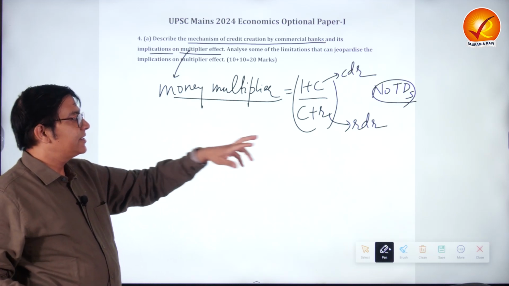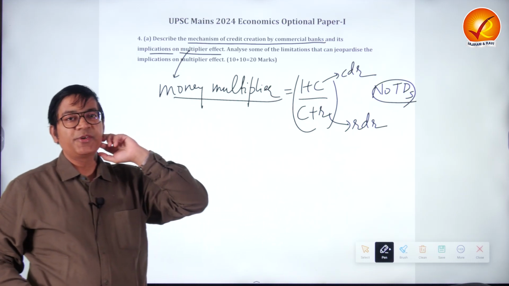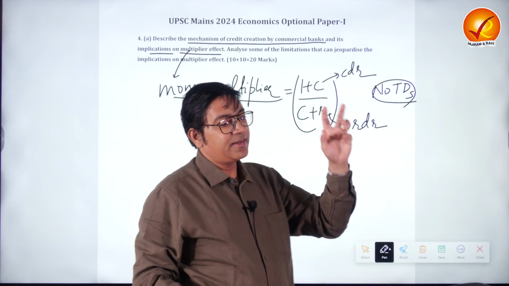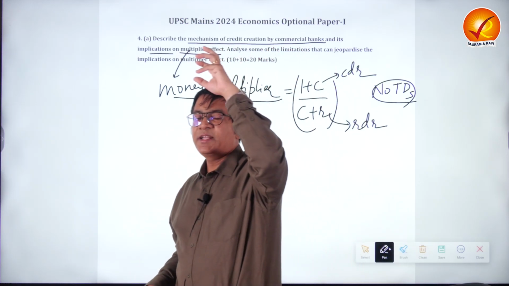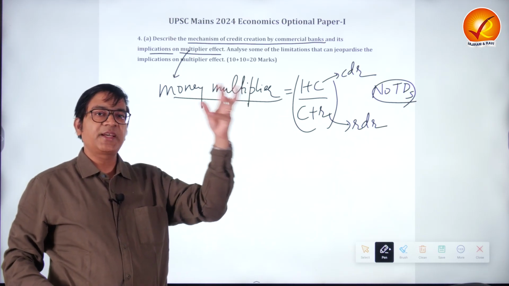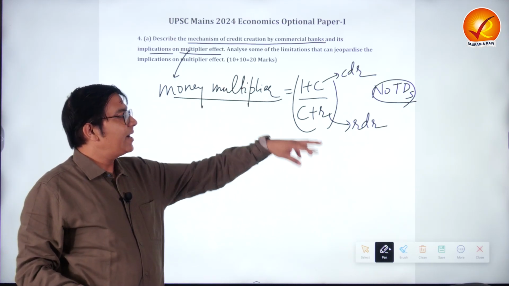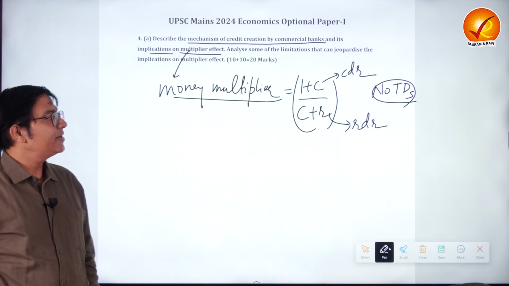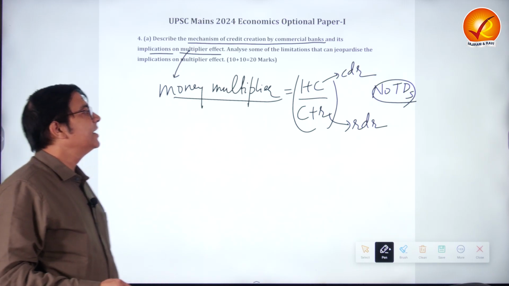Like when reserve deposit ratio is higher, then credit creation is lower, because when banks keep more reserves, they cannot give as much loan. Opposite is the case for currency deposit ratio.